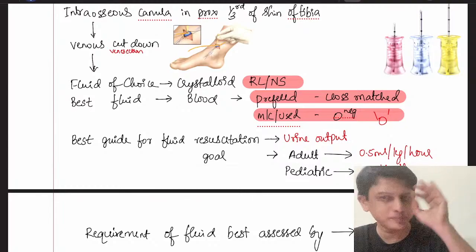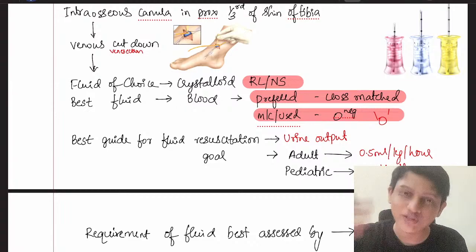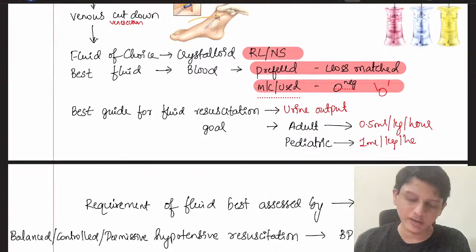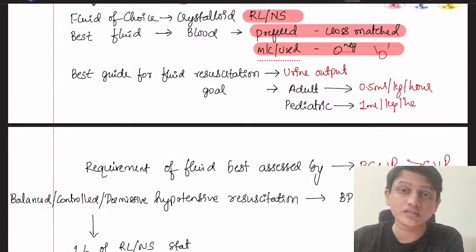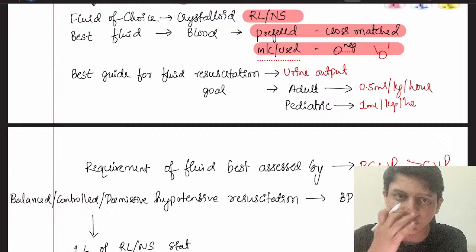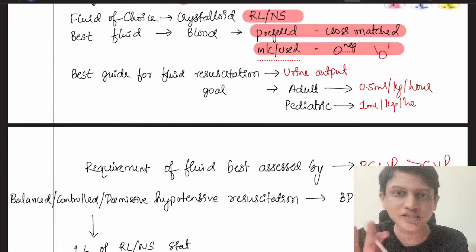He had 120 BP, let me make it 120. Then as the pressure is more and more, bleeding also continues more and more. So you just keep at the baseline of 90 mm of mercury. Nowadays this principle is called balanced or controlled or permissive. This much is permissible, this much is enough. So permissive hypotension: the patient is in hypotension, that's okay, but only this much is okay.